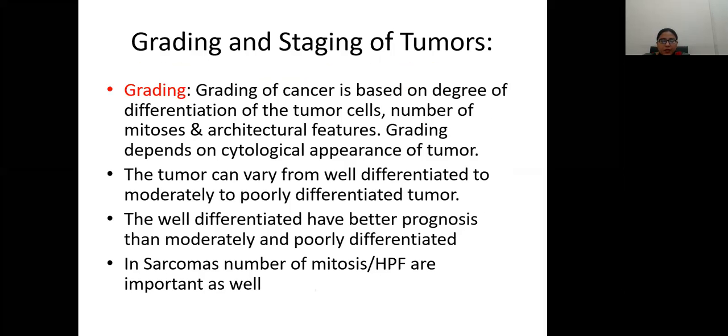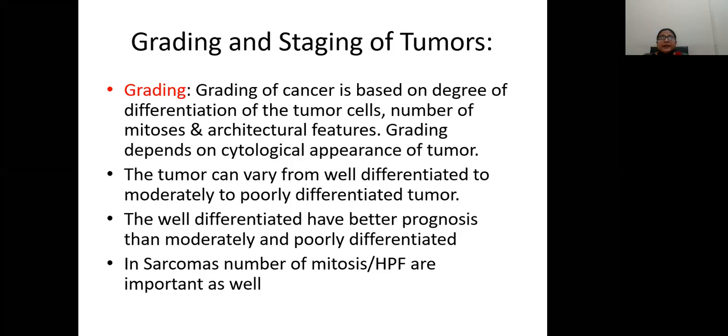Clear? So now we are starting a new topic, that is grading and staging. Okay, till now we have come to know about the genetic changes in a cell which cause the production of a malignant cell. There may be a role of chromosomes, either in the form of chromosome amplification or chromosome deletion.